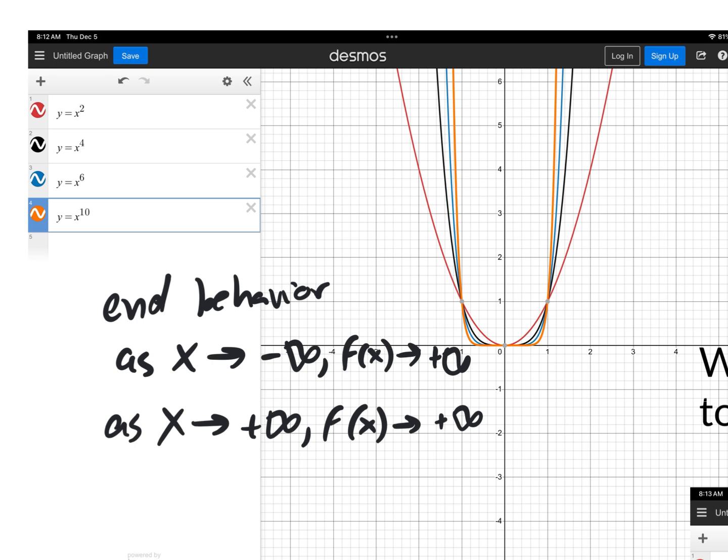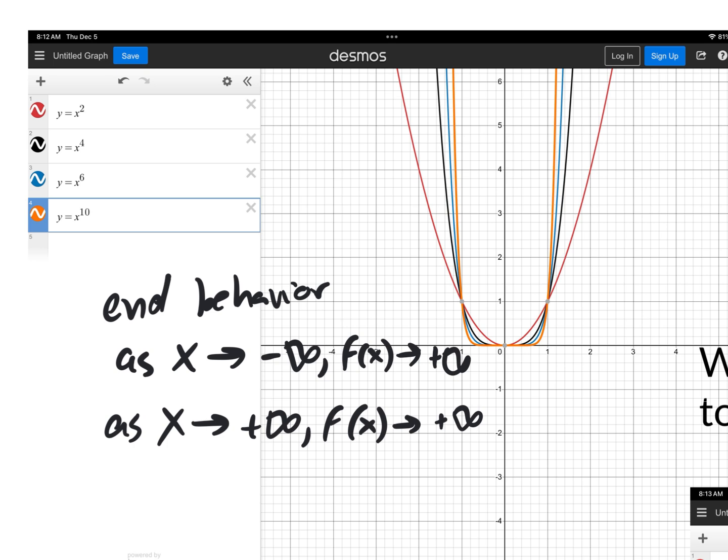Okay? As x goes negative, here's 0 on the x. As you go -1, where are you going on the y? Up. As you go -2, where are you going on the y? Up, right? So as x goes negative, the y's go positive. As x goes positive, the y goes positive, right?